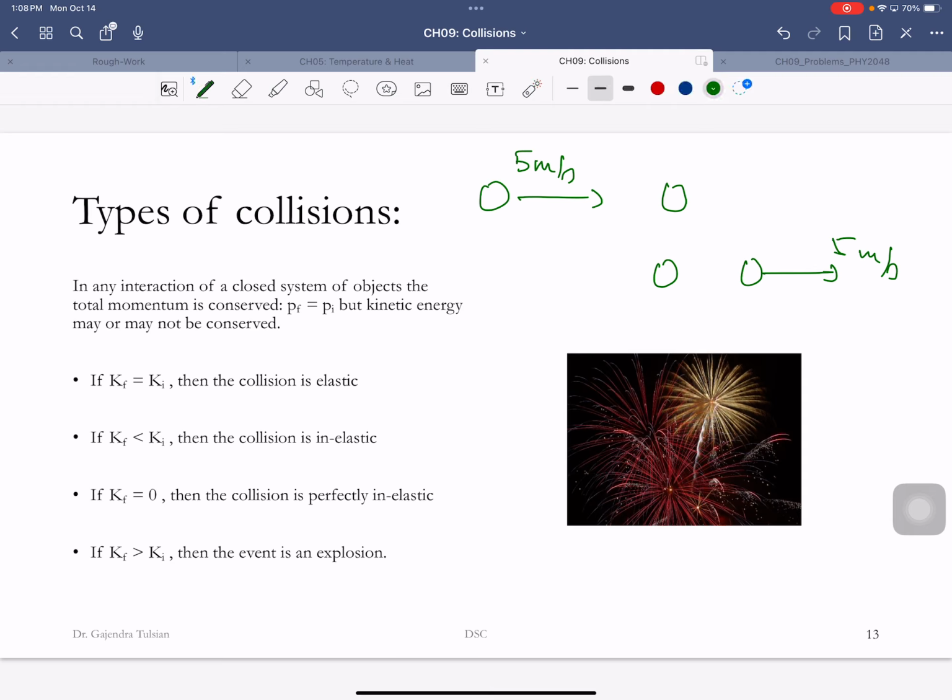Assuming they're the same mass and they started off with the same speed, they'll come to rest, and that's a perfectly inelastic collision. If the final kinetic energy is greater than the initial kinetic energy, energy was released, and that was due to an explosion. Some chemical energy was converted into mechanical energy.